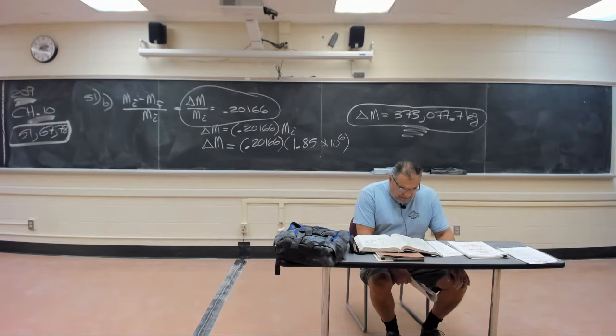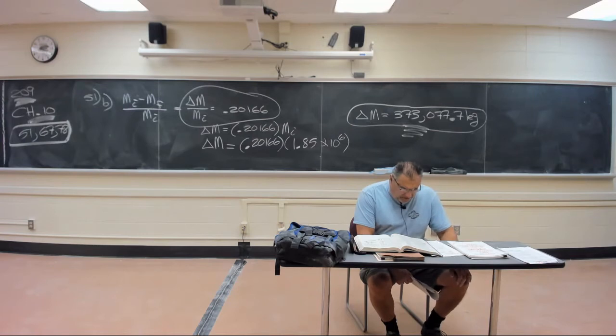The motion of a second particle of mass m2 is 2.50 kilograms, described by the vector r2 vector equals the quantity 3 minus 5t i hat plus the quantity negative t minus 2t squared j hat.